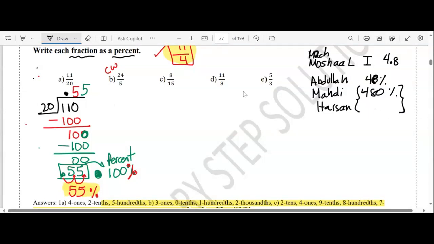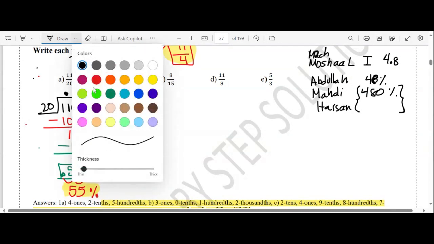Five cannot be divided by 2, but 24 can be divided by 2. So let's do it. 24 divided by what? By 5.